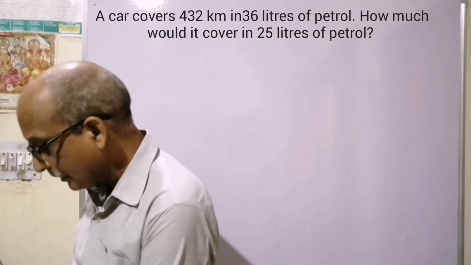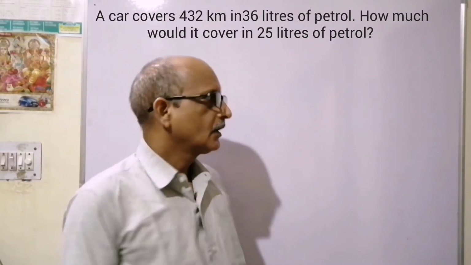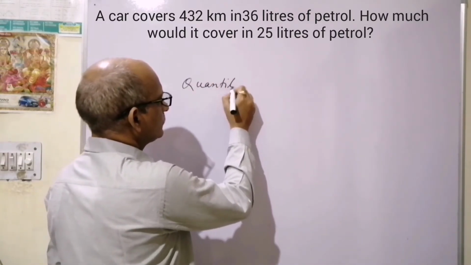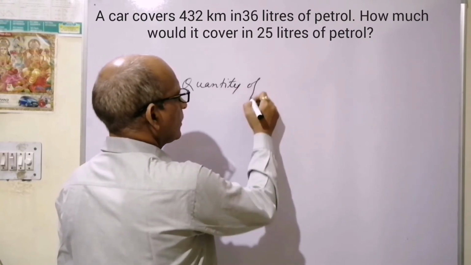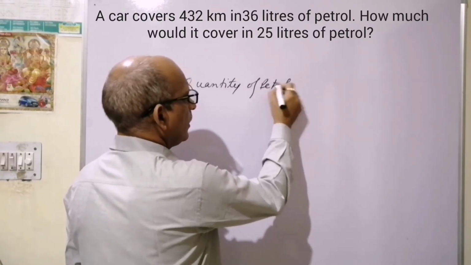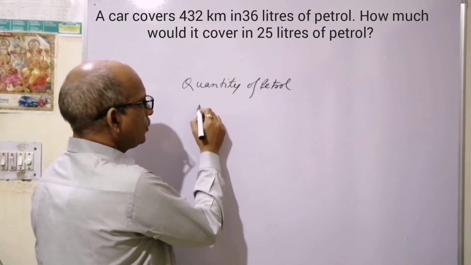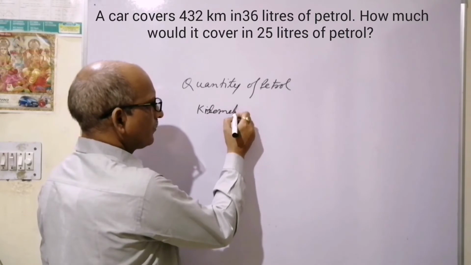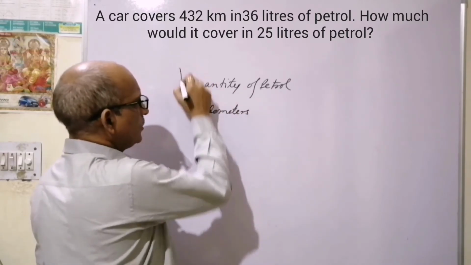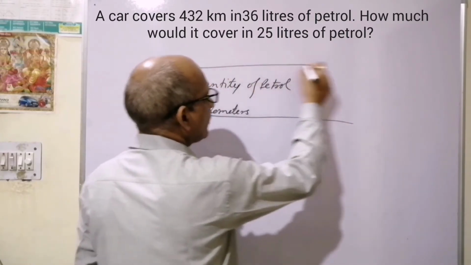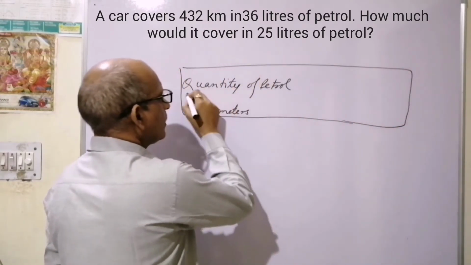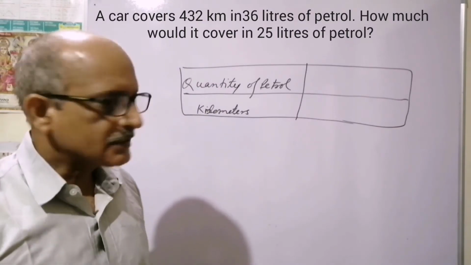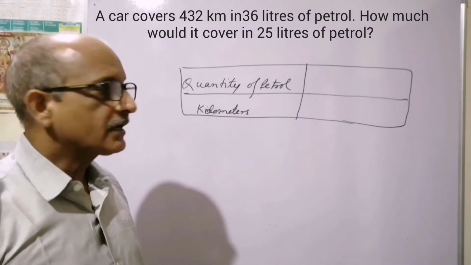So first of all we'll write quantity of petrol, and here kilometers covered. One quantity is quantity of petrol, another quantity is distance in kilometers getting covered.